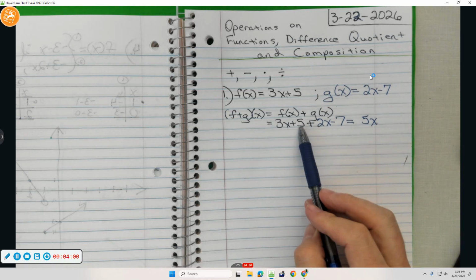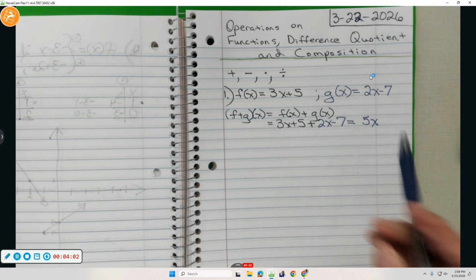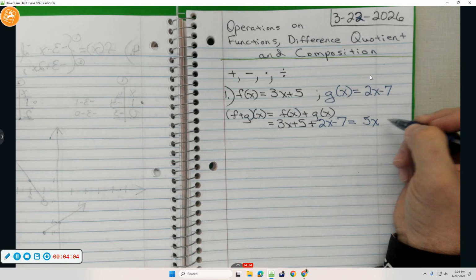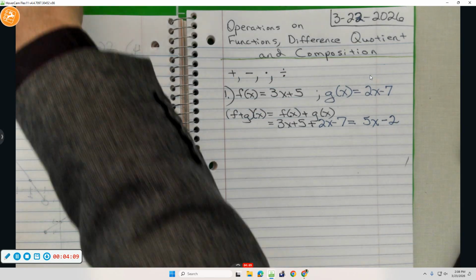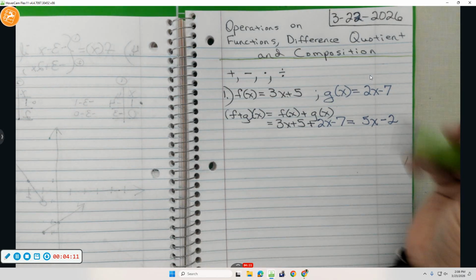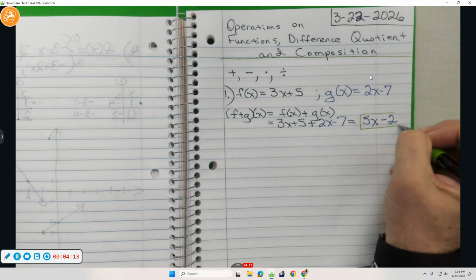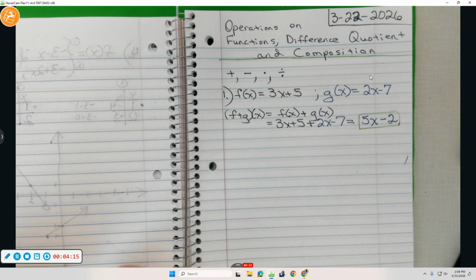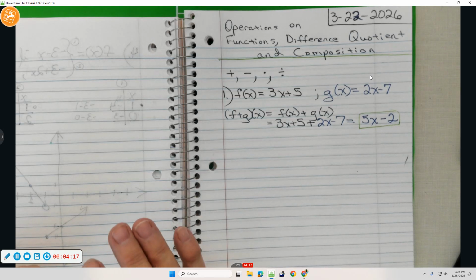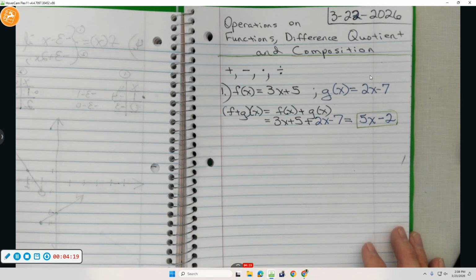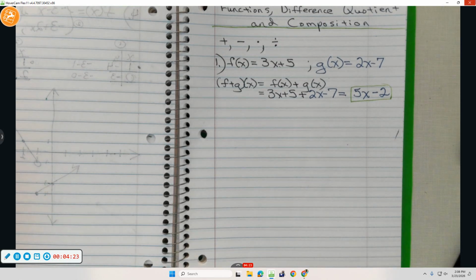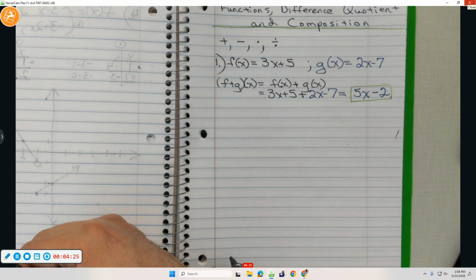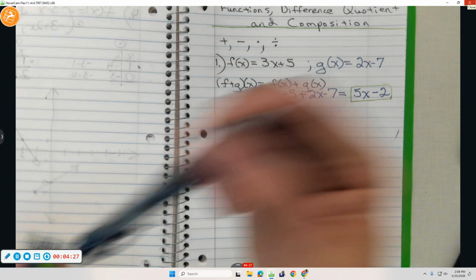You have a positive 5 minus 7, which gives me 5x minus 2 as my answer for f plus g. I'm going to go ahead and find all four of these things, and then I'll type the answers in all at once, okay?